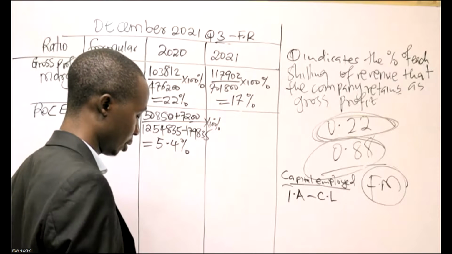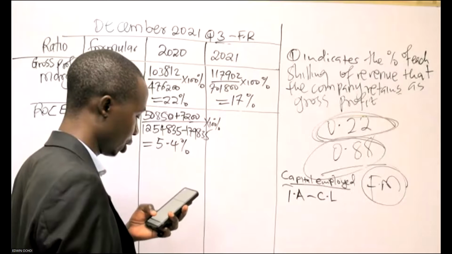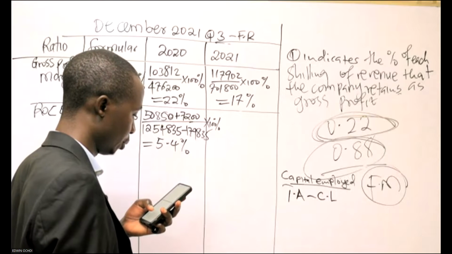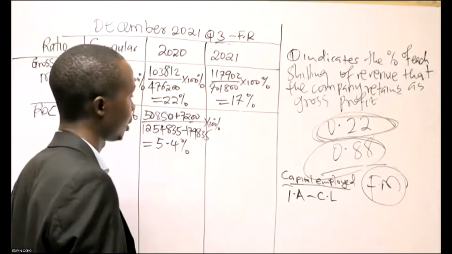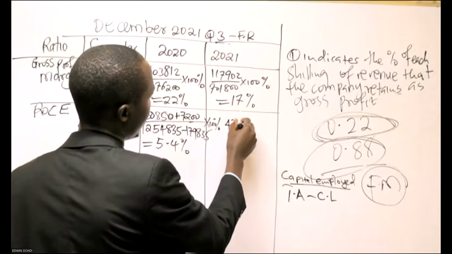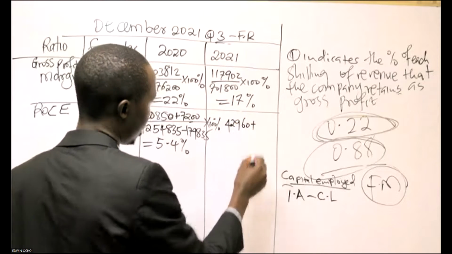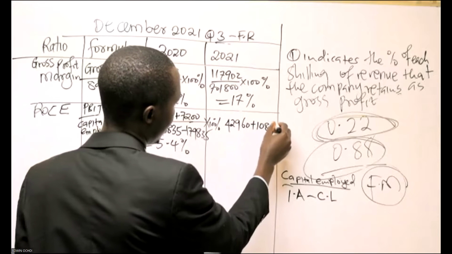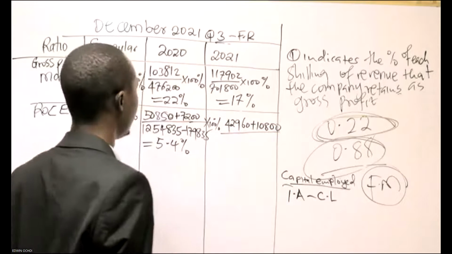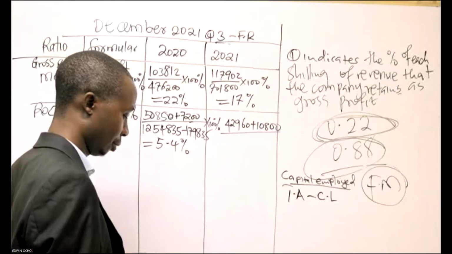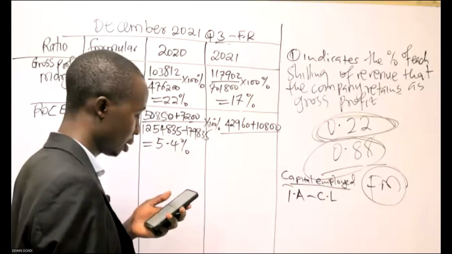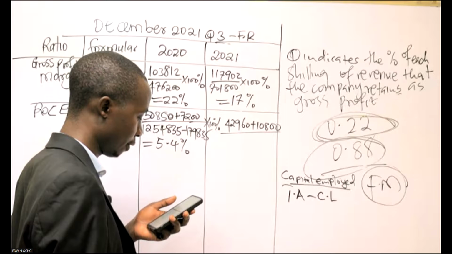And so the other side. Let me check. Profit before tax, which is 42,960, plus the finance cost, 10,800. You divide by total assets, which is just adding 1,881,500 plus 335,500.